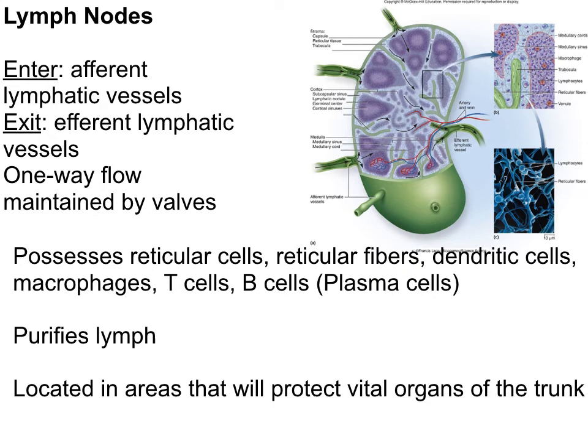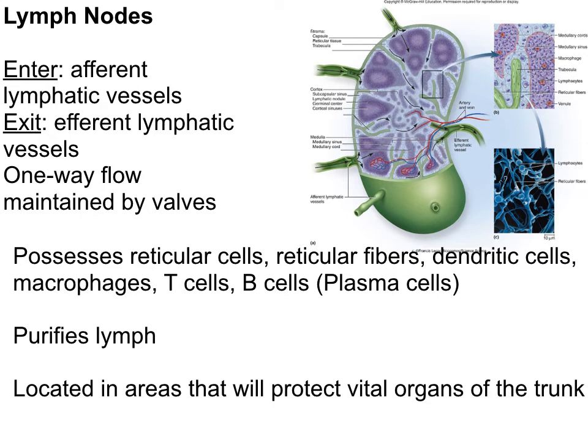Mesenteries are sheets of supportive connective tissue that help to hold your organs in place. Your trachea, which is the main airway heading to your lung passageways, has lymph nodes. Also, your thoracic duct has lymph nodes associated with it. If you think about that thoracic duct, it started at L2. It's receiving all the lymph coming from the lower limb, the pelvic region, and it's traveling all the way up through the abdominal cavity, up through the thoracic cavity.